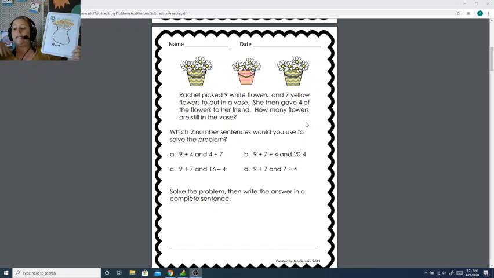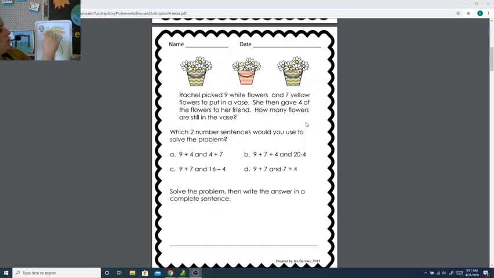So if I am giving something to someone, like if I'm giving the flowers to someone, does that mean I still have them? No, I didn't just get 4 more flowers, right? I gave them away. And when you give something away, that means you're going to be subtracting. So I know my next operation would be subtracting, right? So let's first figure out how many flowers I've got altogether.